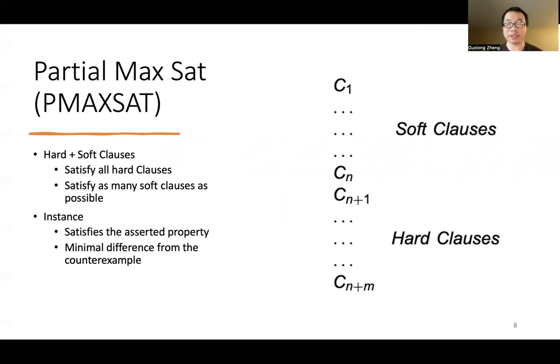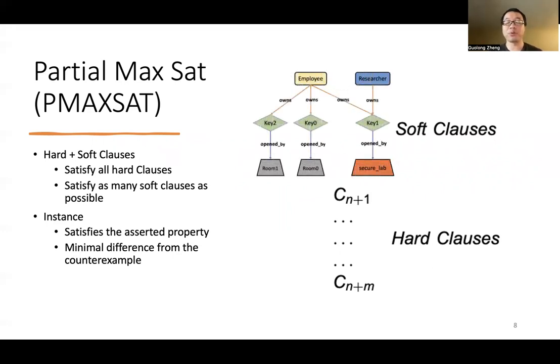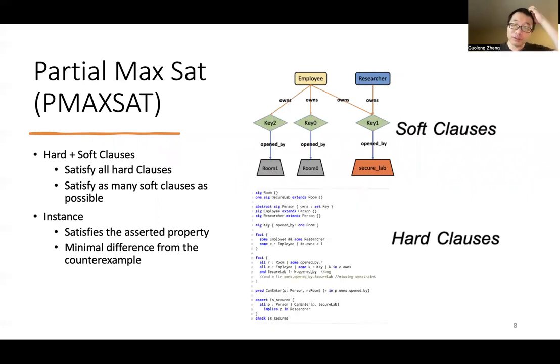So in our case, we convert the counterexample to the soft clause and the original Alloy specification as the hard clause. The PMax set solver would give us a result, which is an instance that satisfies the asserted property and has minimal difference from the counterexample.